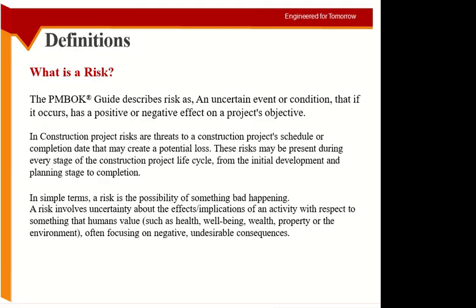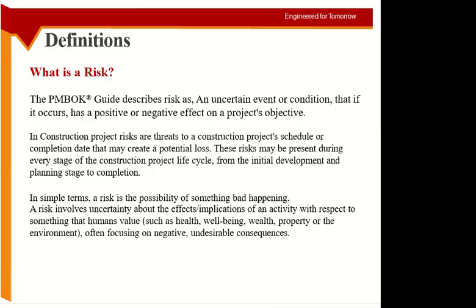Anyways, moving on. So what is a risk? We have the definition given by the Project Management Body of Knowledge, which describes risk as an uncertain event or condition that, if it occurs, will have a positive or negative effect on one of the project objectives.